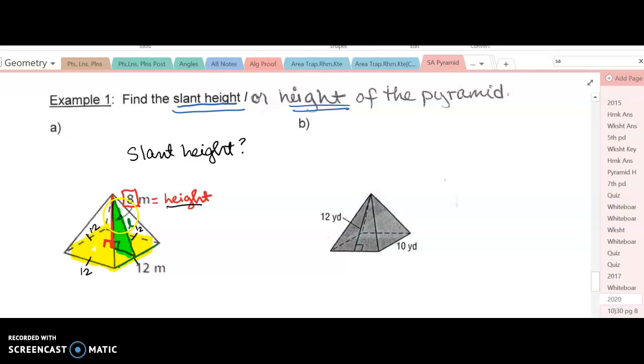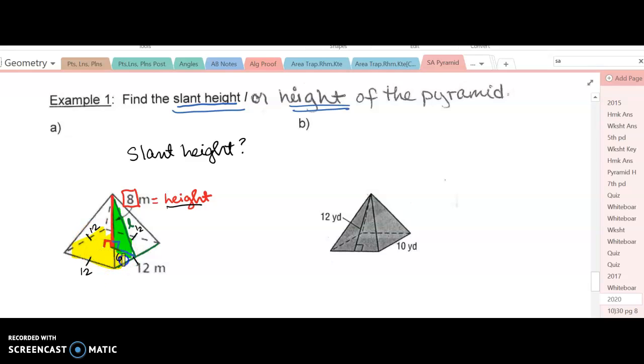So what we know about that green right triangle is that the left side is 8. We're trying to solve for the hypotenuse, the slant height L. And we also know that if this is a square and halfway across the square is 12, then halfway across to that altitude is going to be half of 12, or 6.